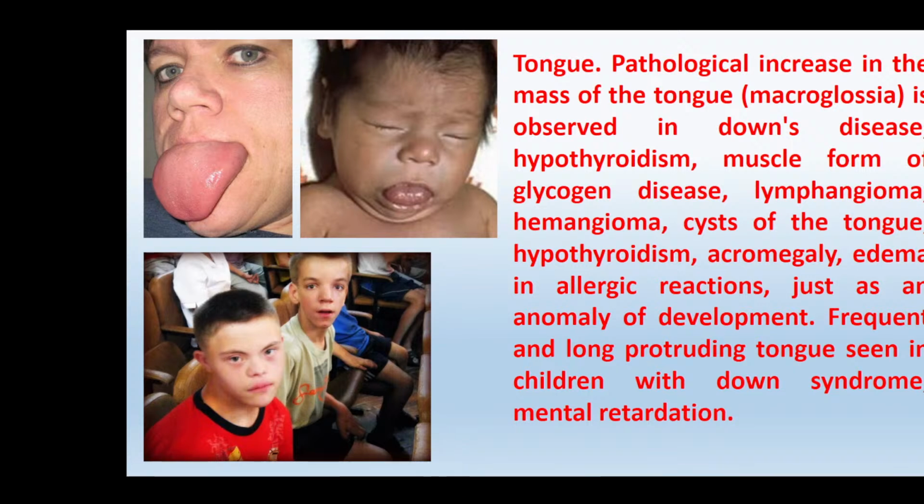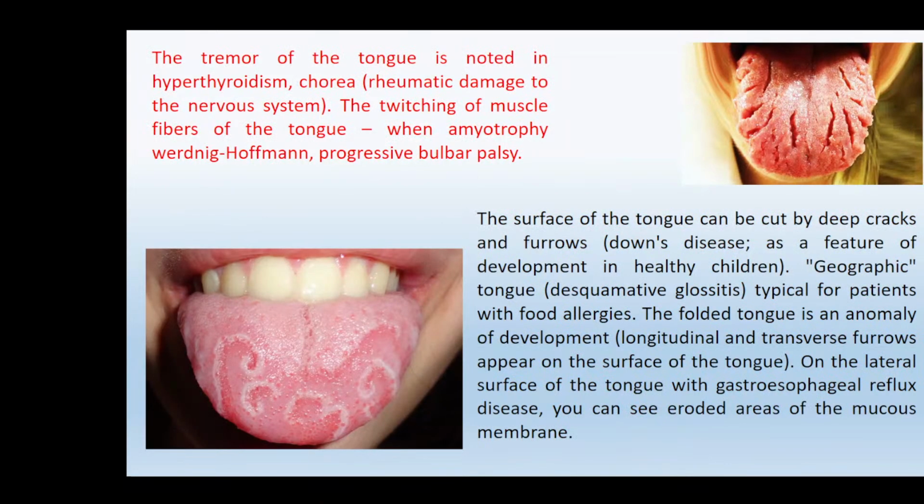A long protruding tongue is seen in children with Down syndrome and mental retardation.